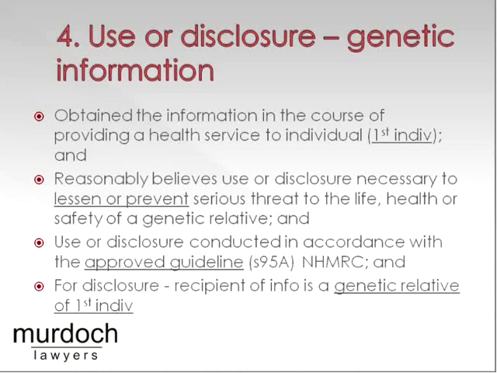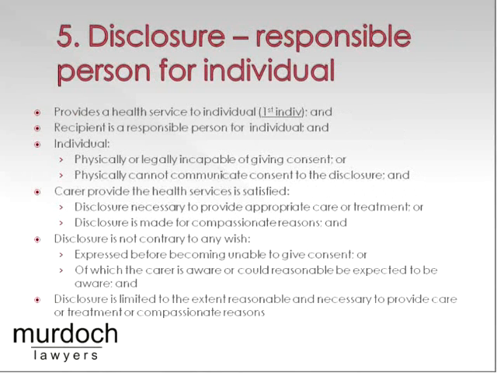The organisation must reasonably believe that the use or disclosure is necessary to lessen or prevent serious threat to the life, health or safety of a genetic relative, and the use or disclosure is conducted in accordance with the approved guidelines. So you're looking at the NHMRC guidelines there. And for the disclosure, the recipient of the information is a genetic relative of the first individual.